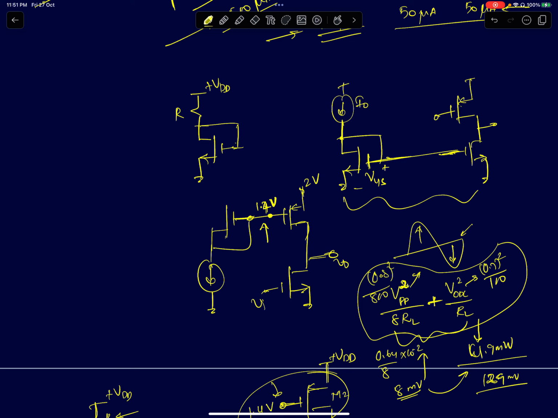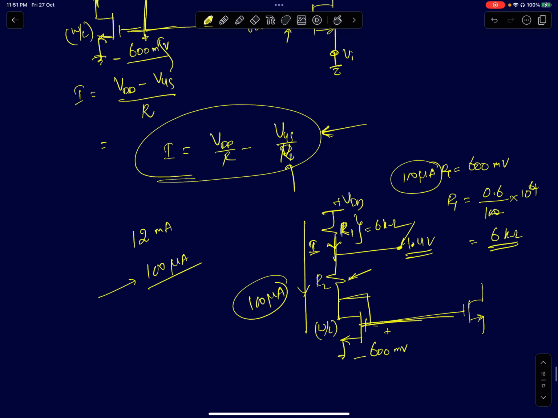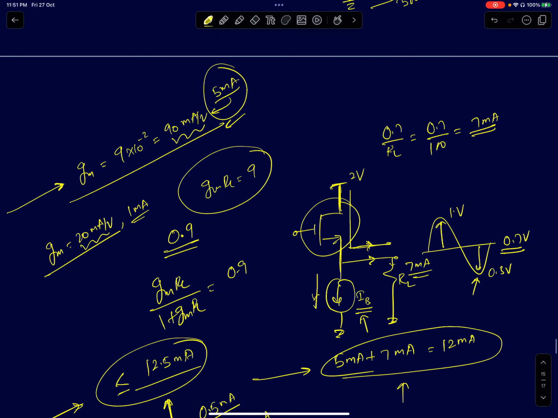If you want to decrease the power delivered to the resistor, all you need to do is decrease the DC voltage. Right now I said the DC voltage is at 0.7, and that's the DC swing, or the voltage swing. I can also slightly reduce this by 100 millivolts, because to keep the current source in saturation, I just need 200 millivolts; I don't need 300.